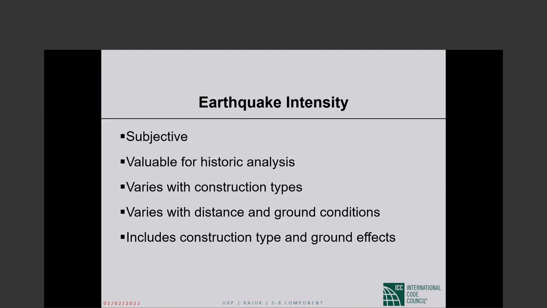The earthquake intensity varies with construction types, as I explained already, varies with distance and ground conditions, as I explained also already, includes construction type and ground effects.